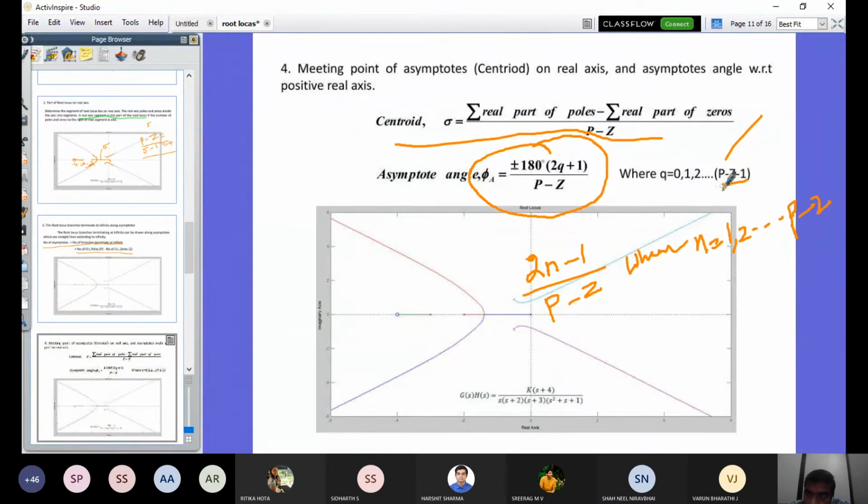In the previous case the last value is p minus z minus 1 and the starting value of q is 0. The same asymptote angle you can find by using this formula. P minus z, what is the p minus z value here?